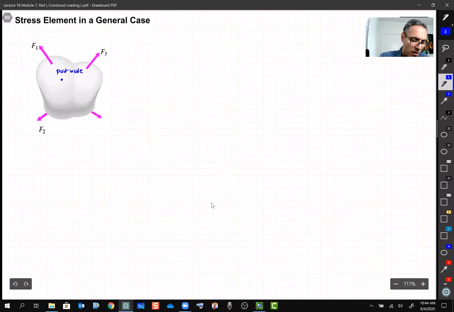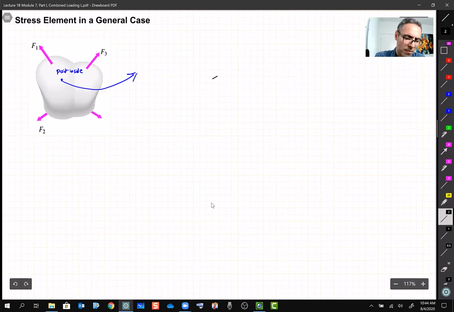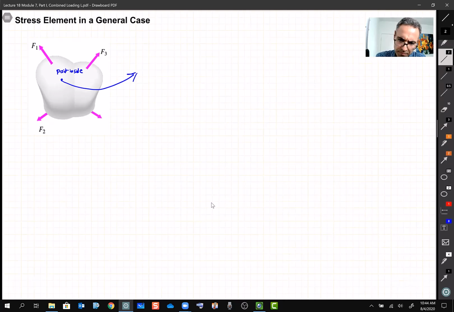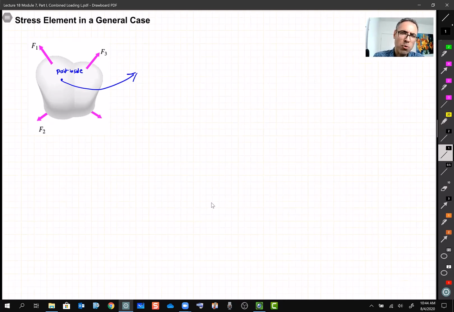So I take this point out, and I magnify it, so then we can discuss it more. And we imagine that this point is more like a cube shape.